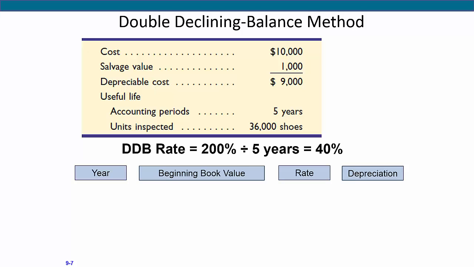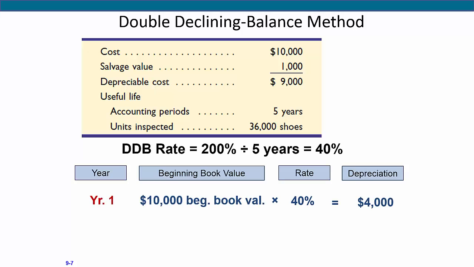The process to compute depreciation is to, number one, divide 200% by 5 years to get the declining balance rate of 40% or 2/5 per year. Secondly, compute depreciation as 40% or 2/5 multiplied by the beginning of period book value.